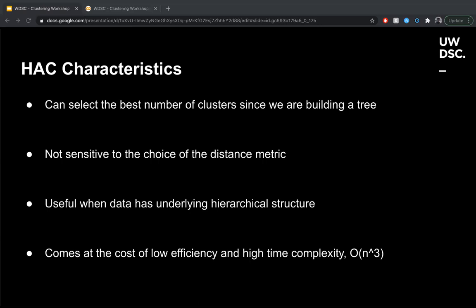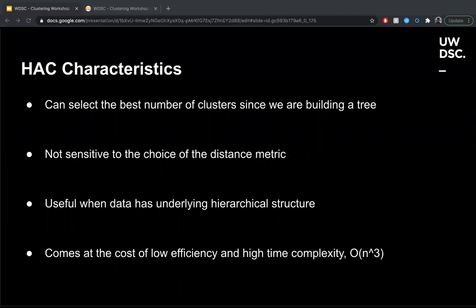So for example, if we had too specific of a grouping, then what's the point in having birds encompass all types of birds, whereas if we just had animals as our grouping, we'd never be able to distinguish between a cat and a dog. Hopefully that makes sense. Another thing about HAC is that it's not sensitive to the choice of the distance metric.